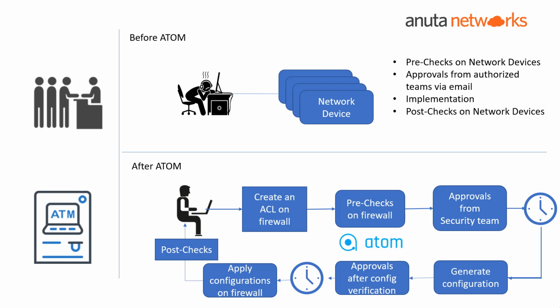Similar approvals can happen after the configuration is generated by Atom if required. And once done, the workflow will apply the configurations to the firewall, and this could again be on a multi-vendor infrastructure. Finally, the workflow will proceed with post-checks and then alert the admin that the provisioning was successful.